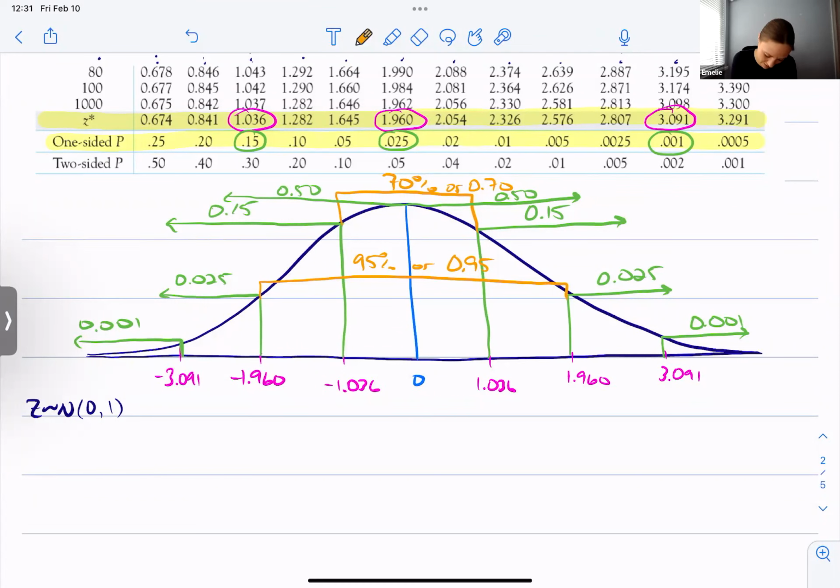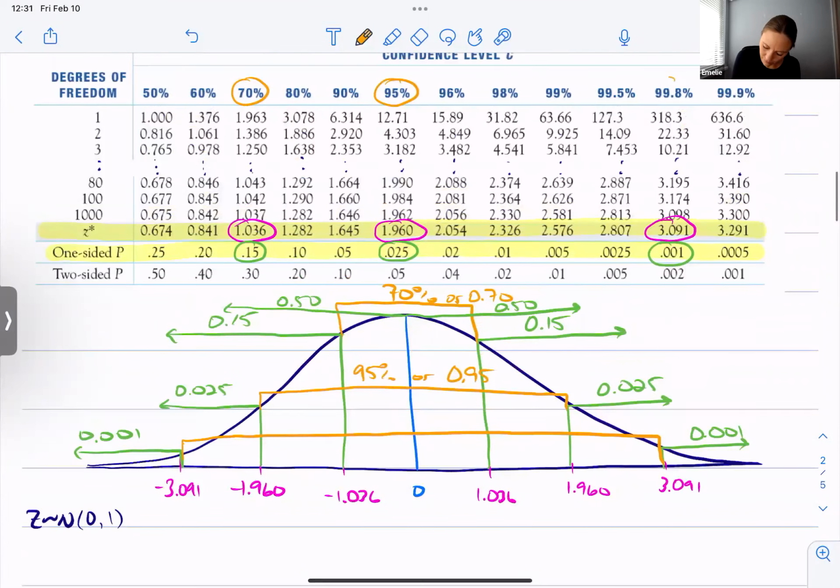If we skip ahead, 3 standard deviations away from the mean, essentially we have 0.001 plus 0.001, that's 0.002. I'm going to go with 0.998. I'll have to check, but that's 99.8% or 0.998.